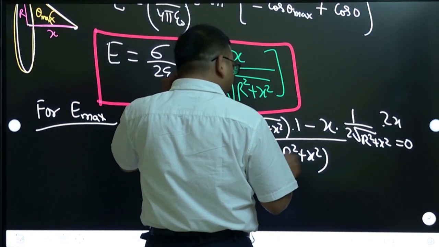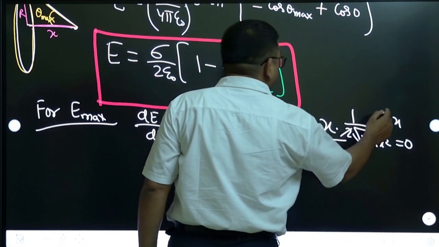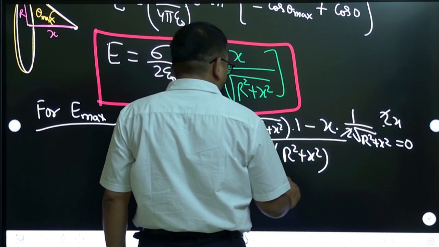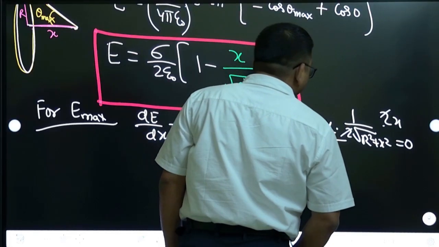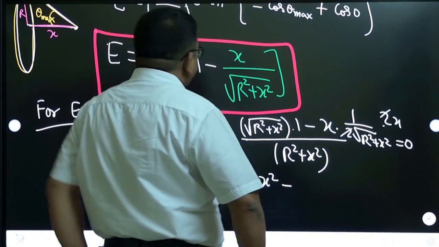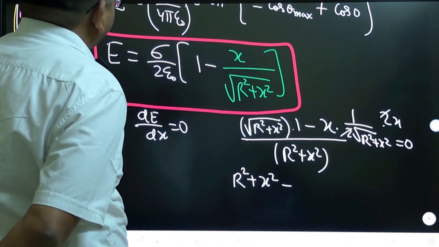So you can take LCM, so this 2 will get cancelled, so it will become r square plus x square minus this x square.